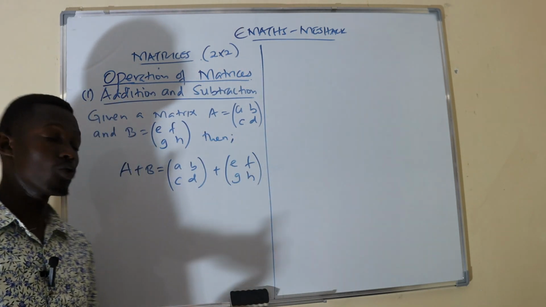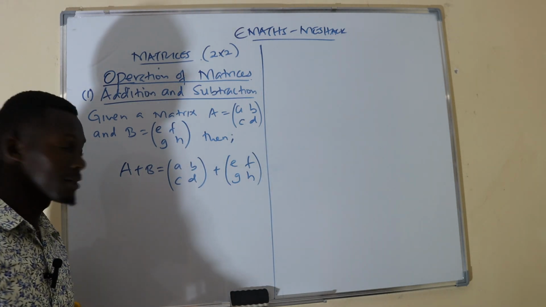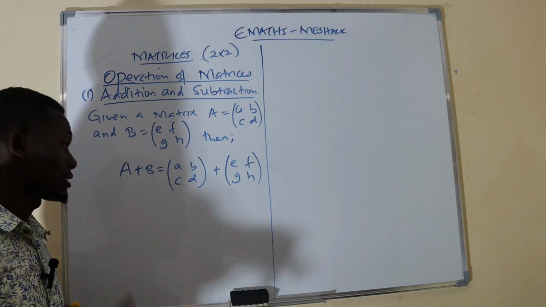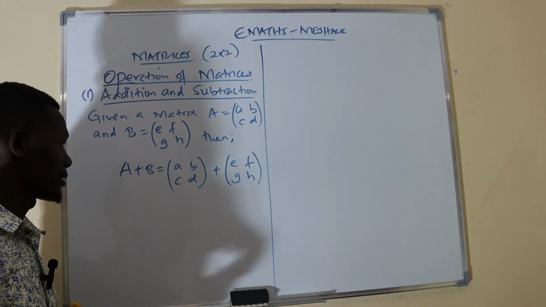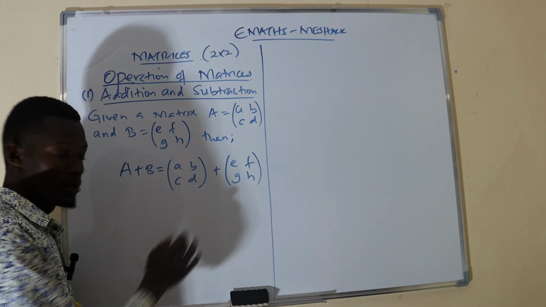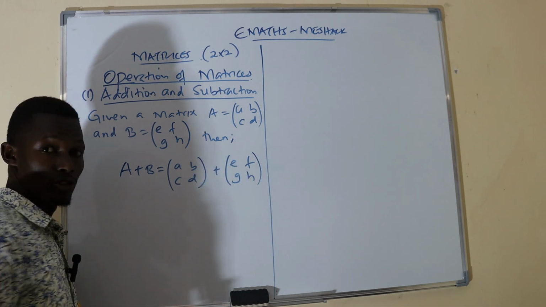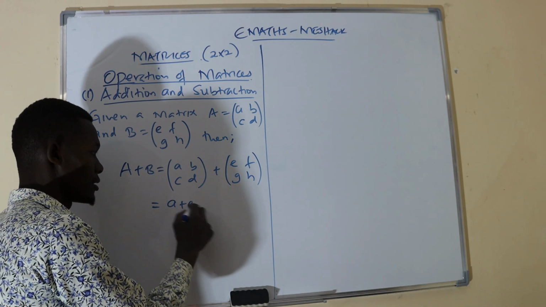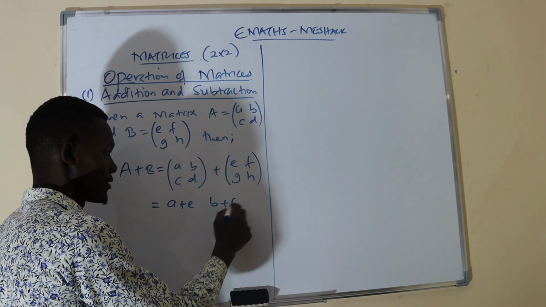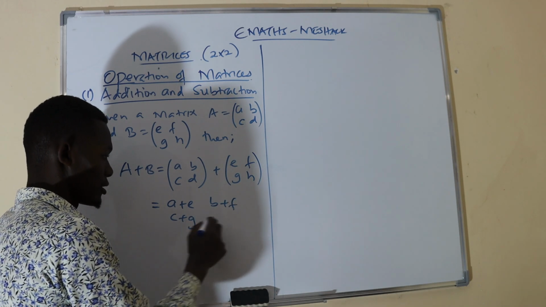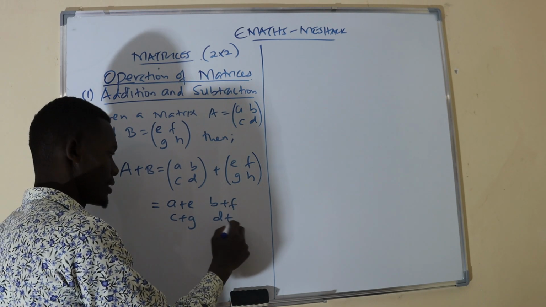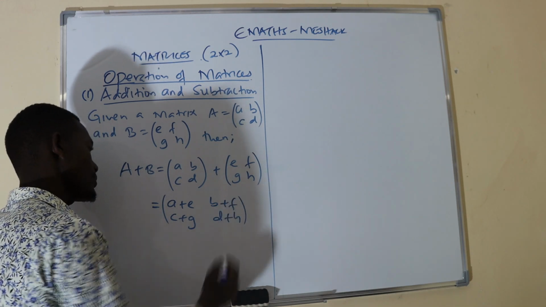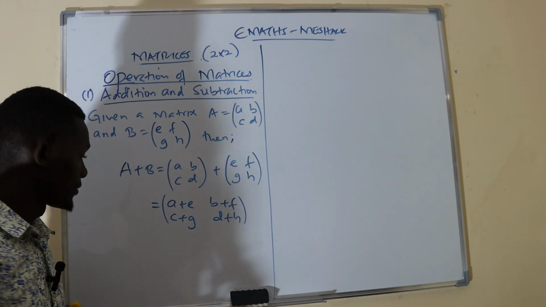Elements occupying the same position in the matrices are added or subtracted. So a is added to e, b is added to f, and so on. So we have a plus e, b plus f, c plus g, and d plus h. That is your addition.